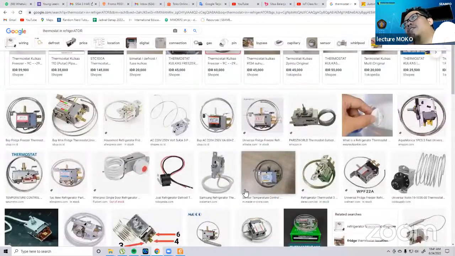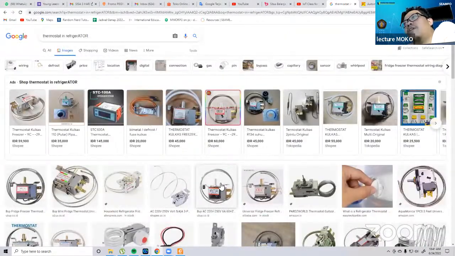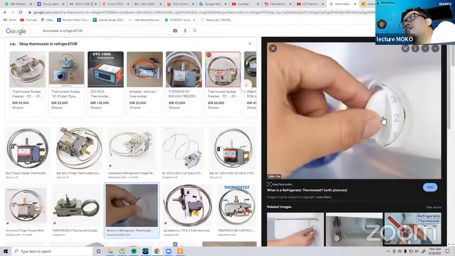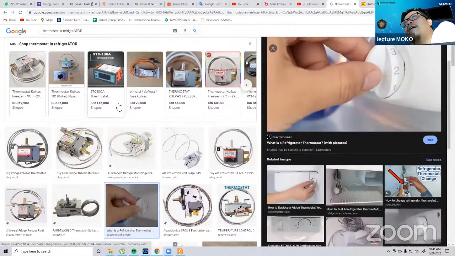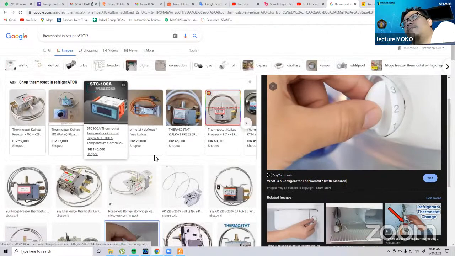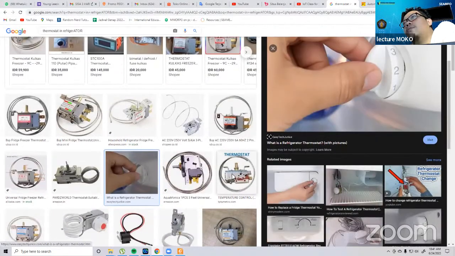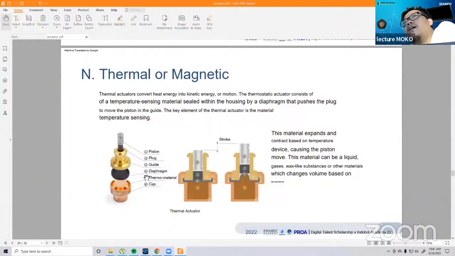You can see here, we can set our temperature, and the refrigerator will monitor the temperature because there is some liquid in this mechanism.